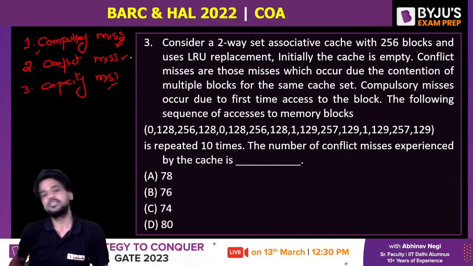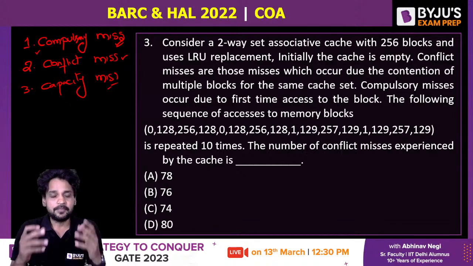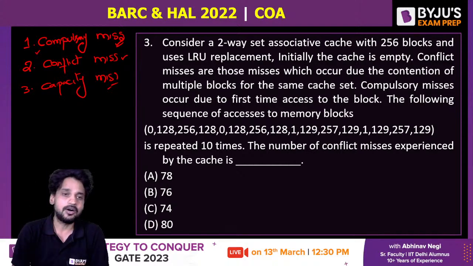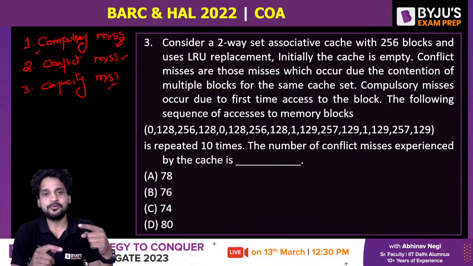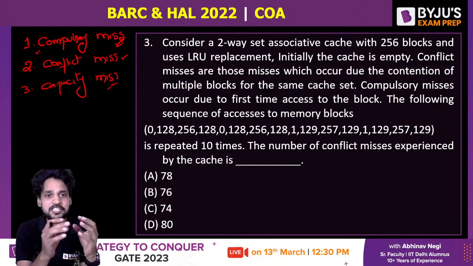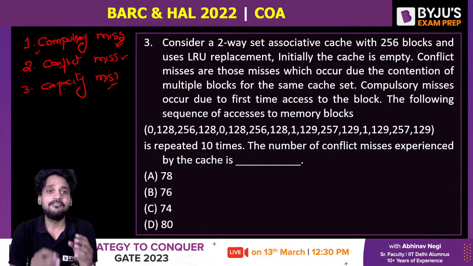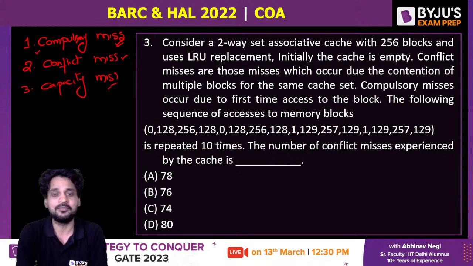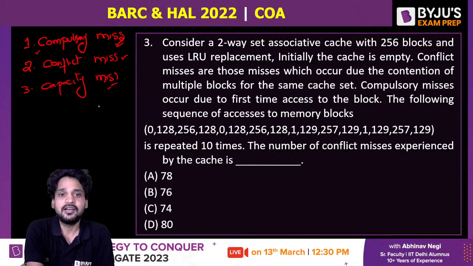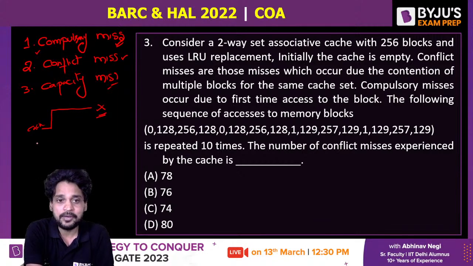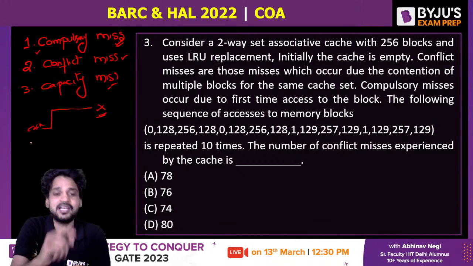What is a conflict miss? When a main memory block is mapping to one specific block of the cache memory, in addition to one more block, we are going to experience a conflict miss. Let us say a memory block X has to be transferred to cache memory. This X block will have to be mapped to a certain block within the cache memory.